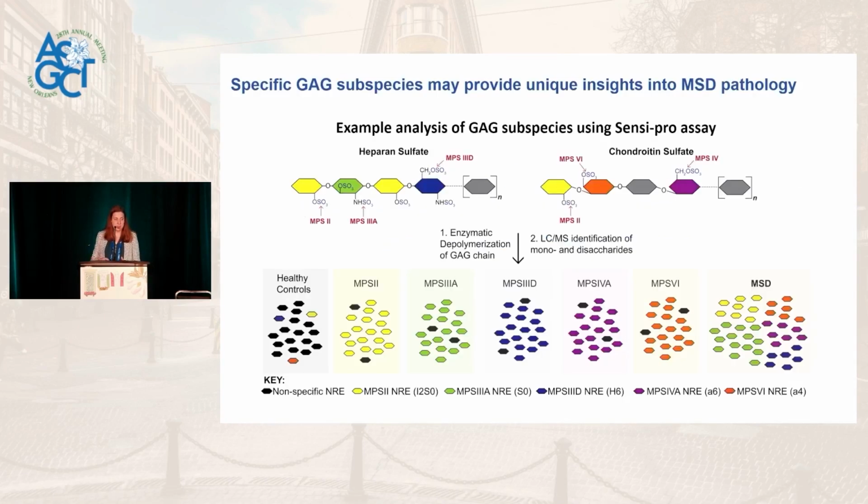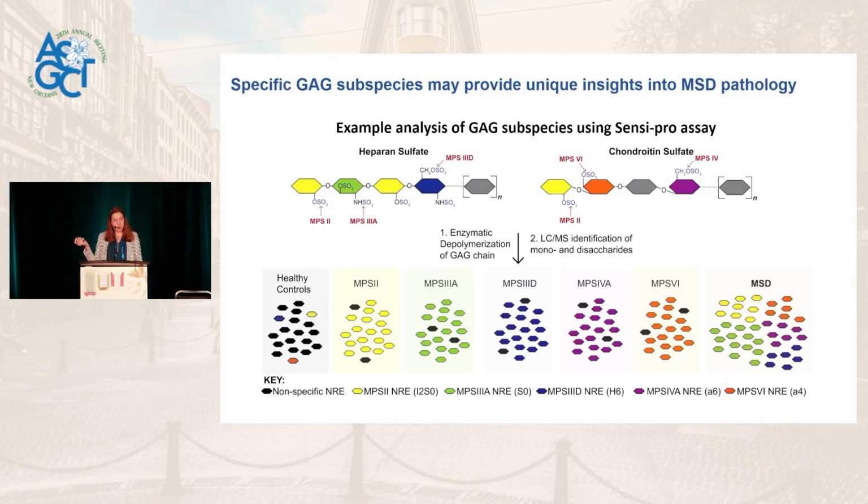I think we'll speak about this more in the Sanfilippo discussion, but in a disorder like MSD, lots of different things build up. So you have all this stuff that can't be broken down, these GAGs, and you can see that in each individual sulfatase disorder, like MPS II or Sanfilippo A or Sanfilippo D, a unique species builds up. But in MSD, everything builds up.